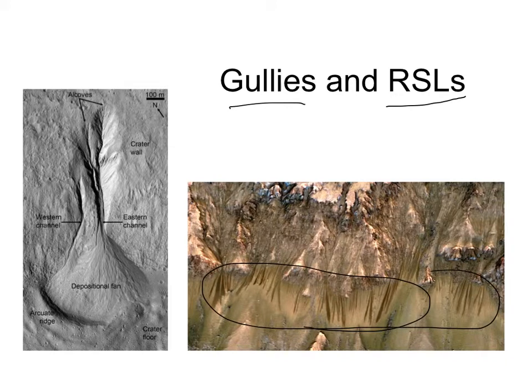Gullies were a very hot topic about a decade ago, and I want to take a look quickly at them first. And there's not a lot that I want to say yet about these RSLs, but they're probably the most promising and hottest area for whether or not there might be pockets of liquid water near the surface on Mars.